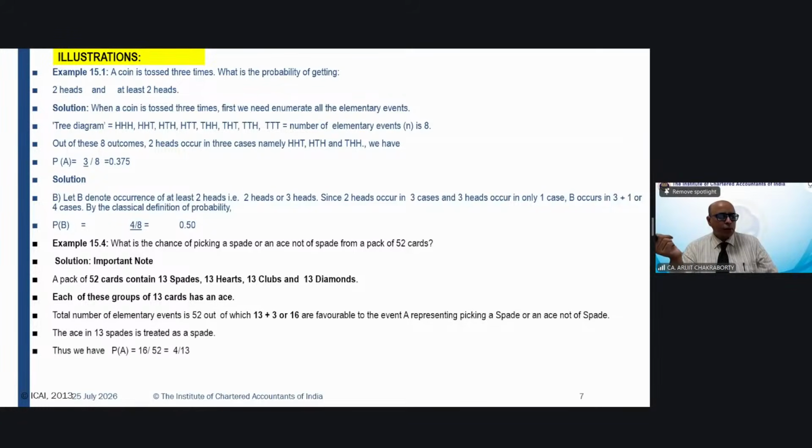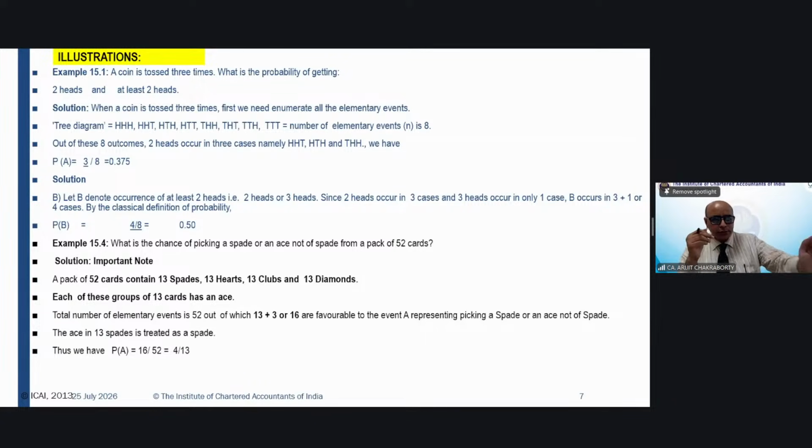And therefore, the probability in this scenario is 16 by 52, which comes to 4 by 13. So this signifies the probability of picking a spade or an ace not of spade.